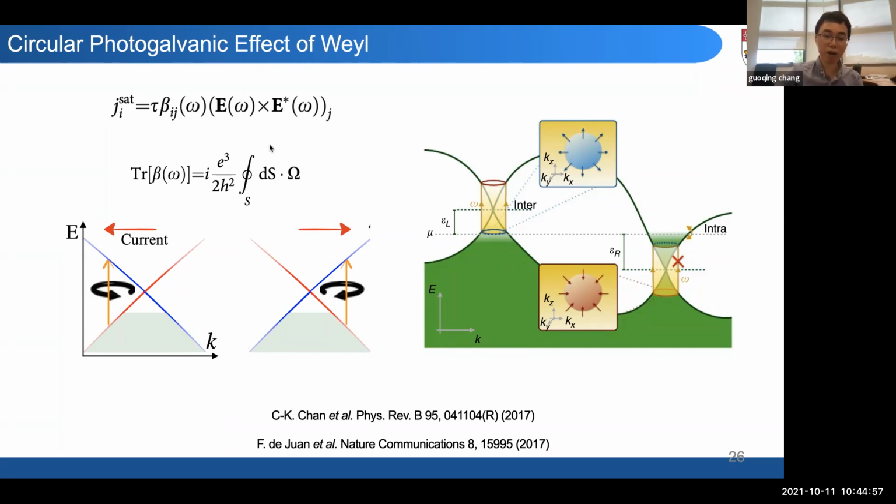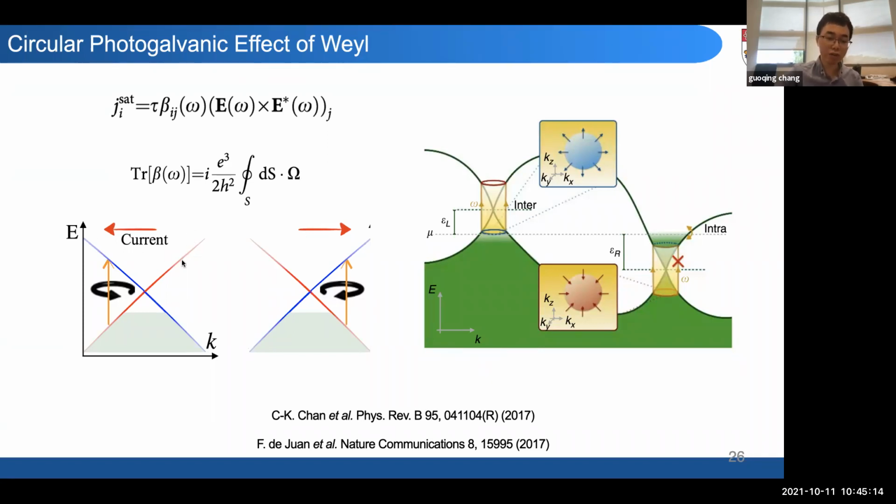So if you have a Weyl node, this integration will be the Chern number. So the total photocurrent is a direct measurement of the net Chern number. So your photocurrent is proportional to the Chern number.